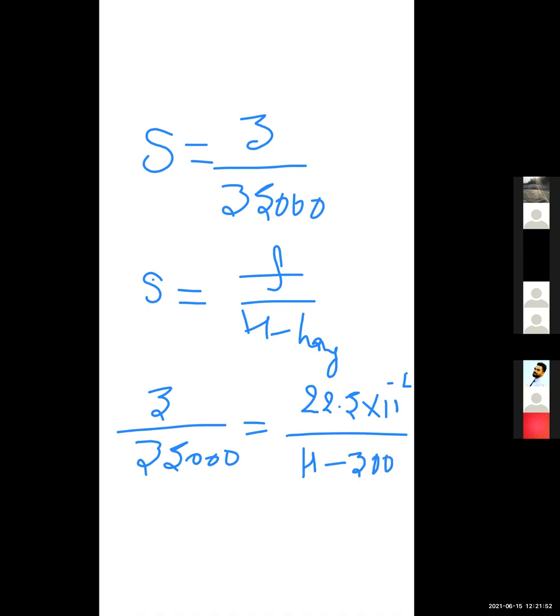So what is the value of H? Calculate the value of H.